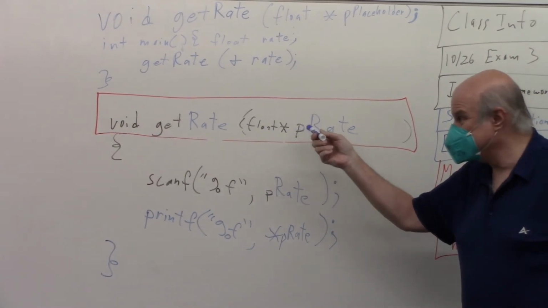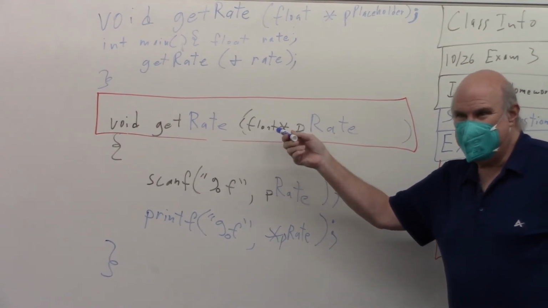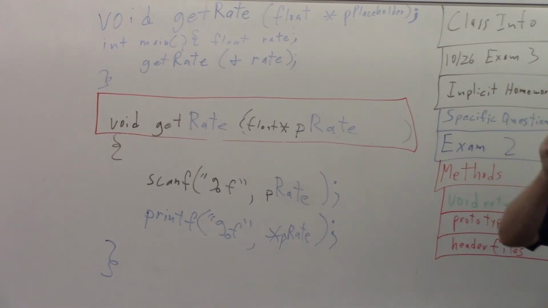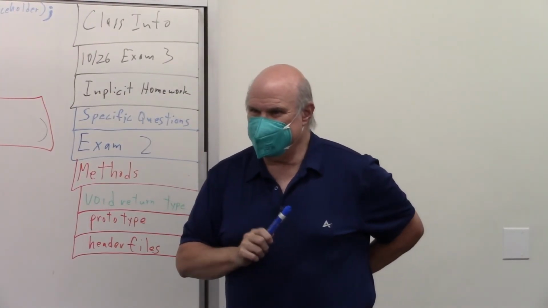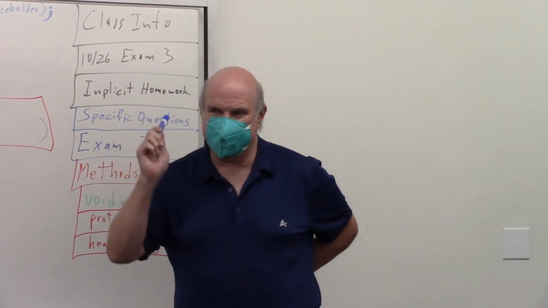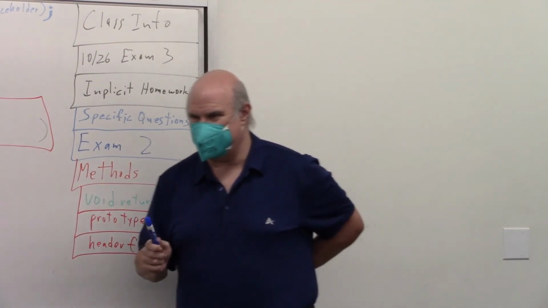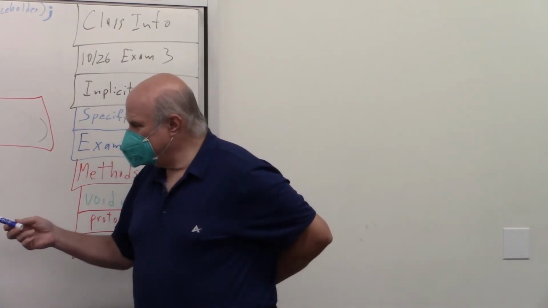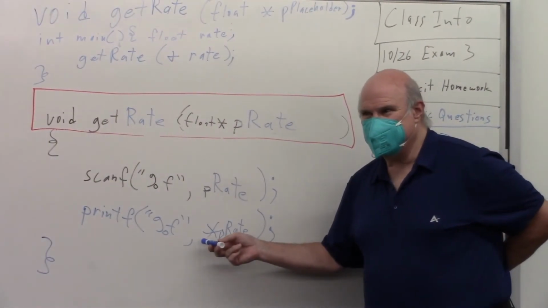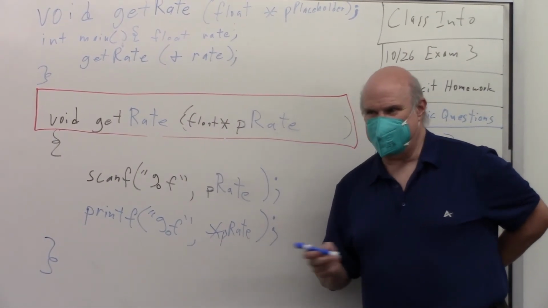That's what p rate is. It is a pointer. A pointer is a reference to the variable. In other words, the pointer contains the memory address of the variable. When you dereference it, you get the value that is at that memory address.